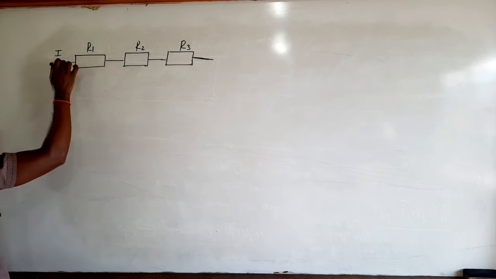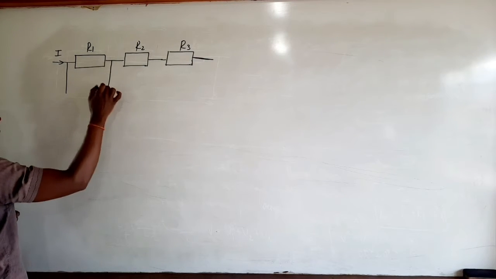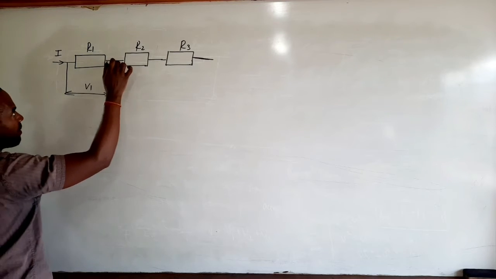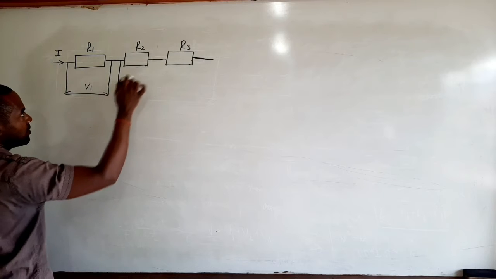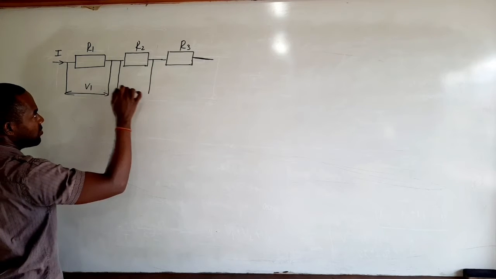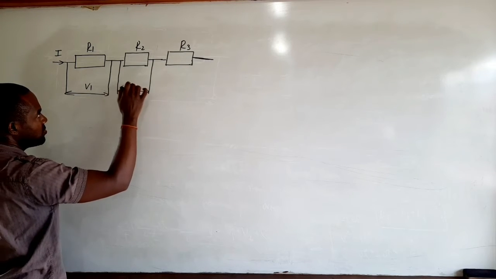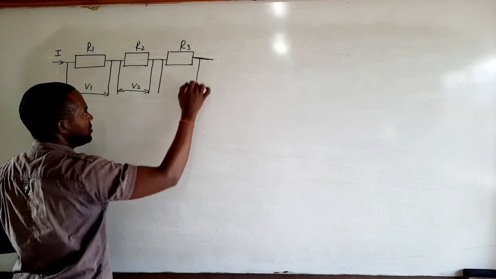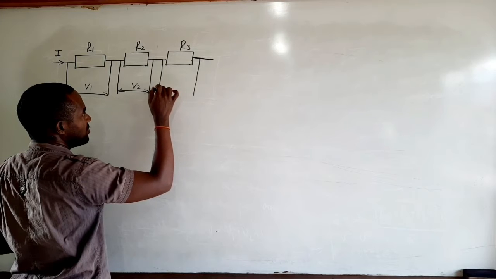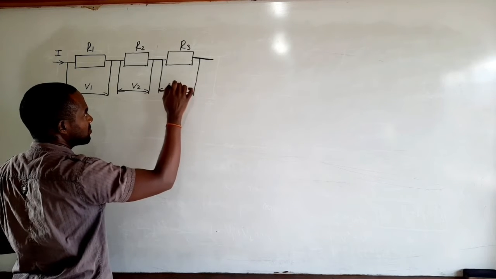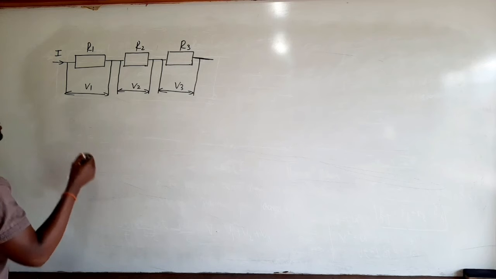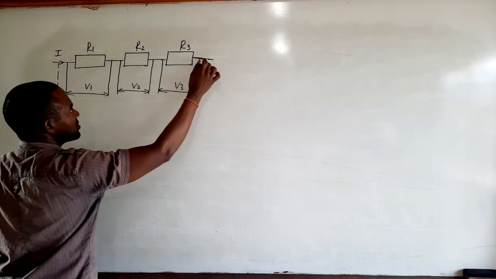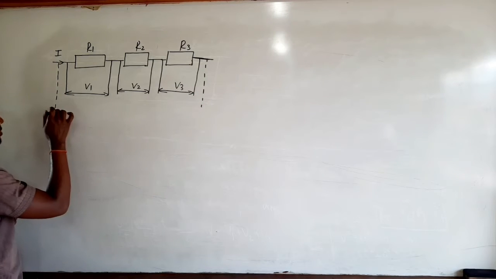Now, let the PD across R1 be V1, the PD across R2 be V2, and the PD across R3 be V3. And of course, let the total PD across all three be V.